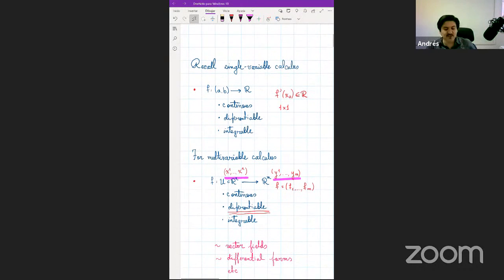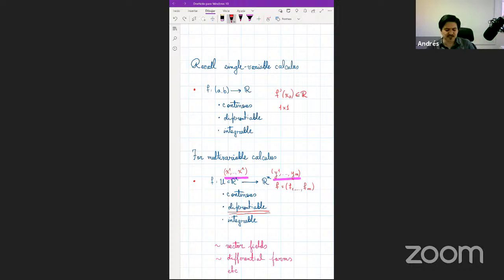And now something that you also saw in multivariable calculus that you didn't cover here: you saw vector fields in Rn or some open subset of Rn. And maybe you also saw integral curves.